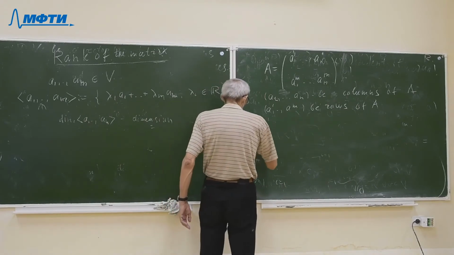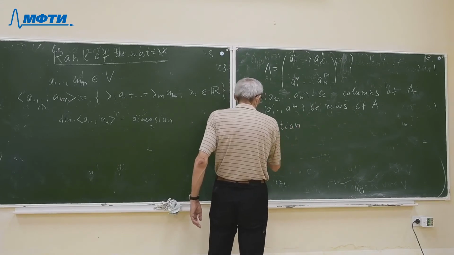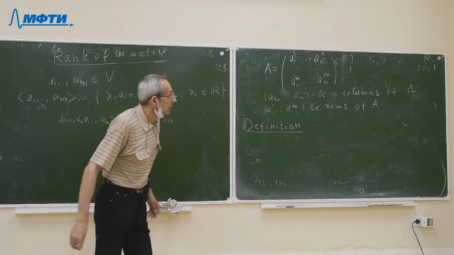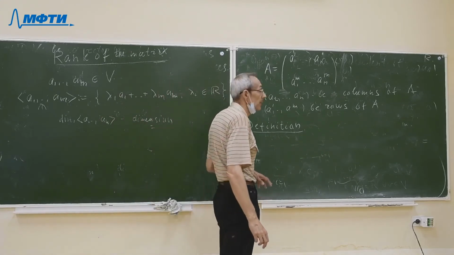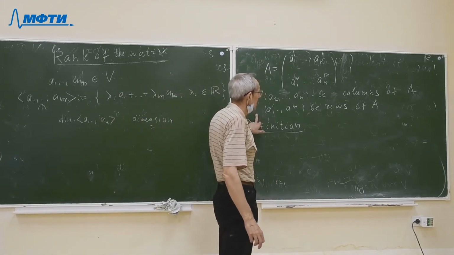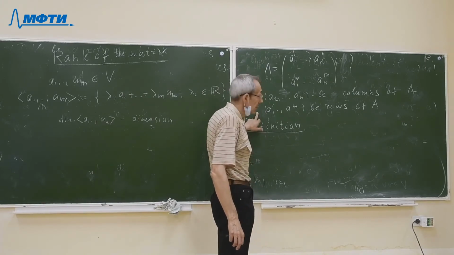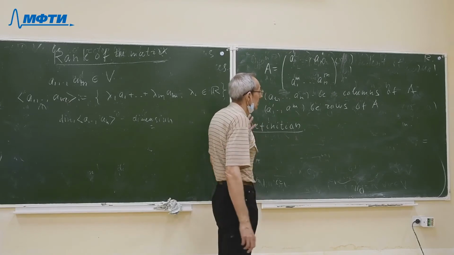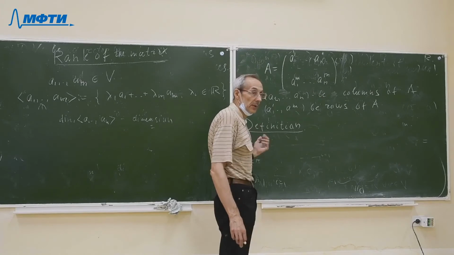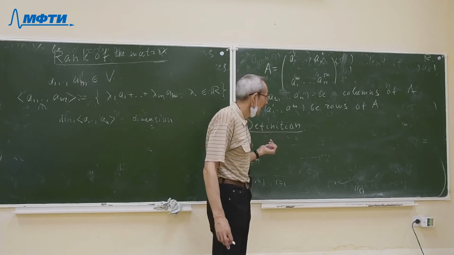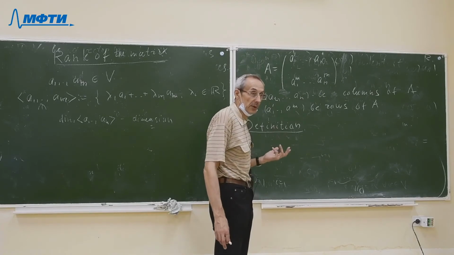Definition. I can consider the linear spans of the sets of columns and rows. As was mentioned above, the linear span is a vector space, and I can consider the dimensions of these vector spaces.